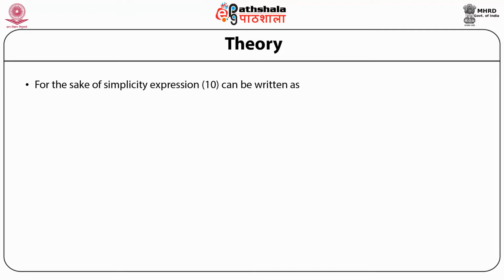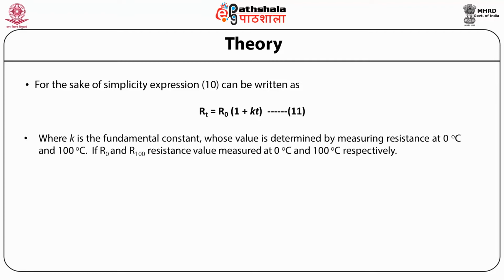Theory. For the sake of simplicity, expression 10 can be written as RT = R0 × (1 + KT). This is equation 11, where K is the fundamental constant whose value is determined by measuring resistance at 0 degrees centigrade and 100 degrees centigrade.